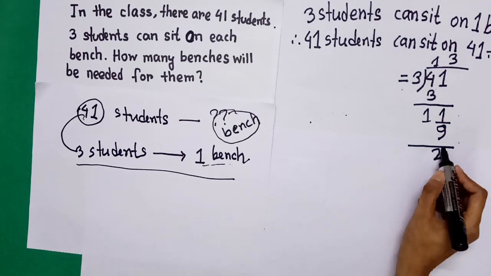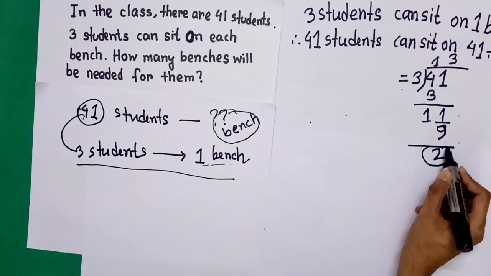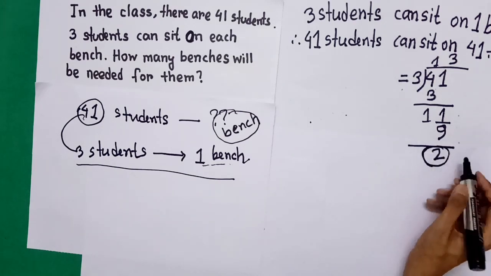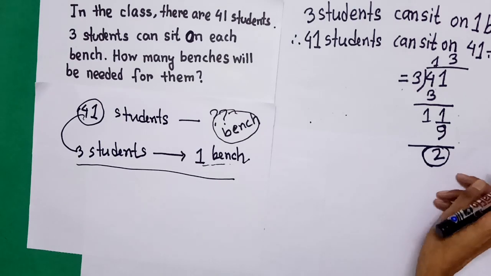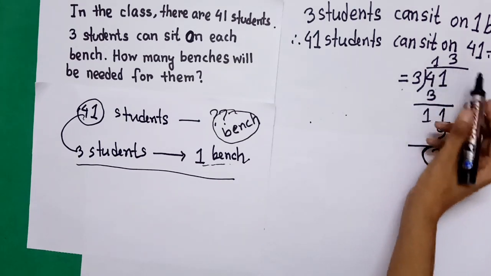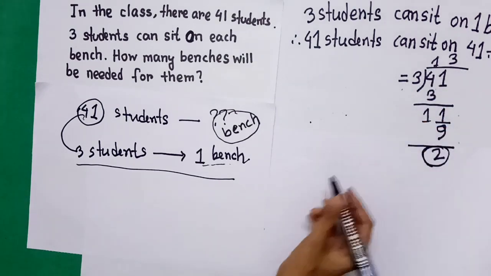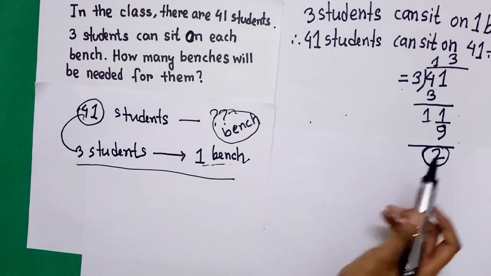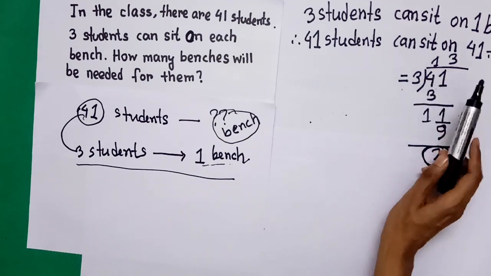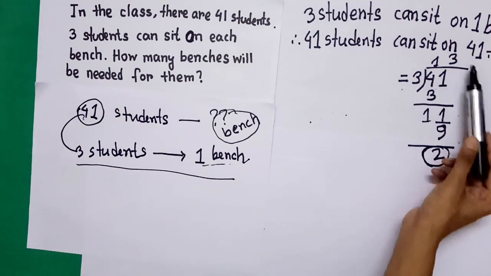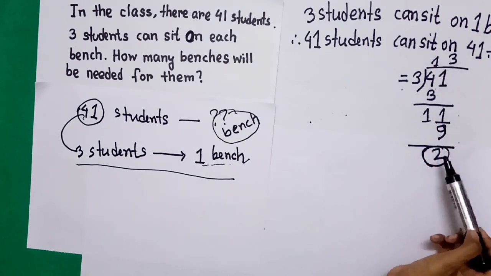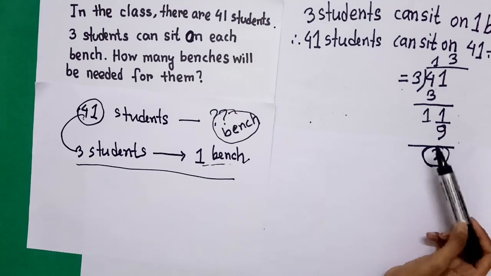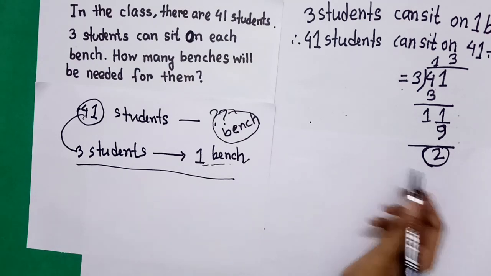Here 2 left means 2 persons have not sat yet. That's why we can tell that after sitting on 13 benches and 2 persons left to sit, we need another bench.